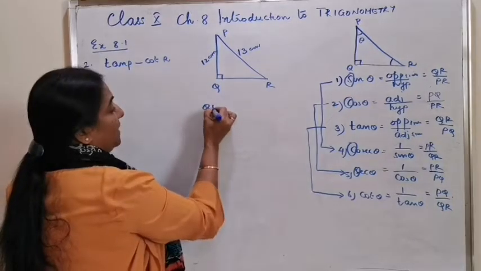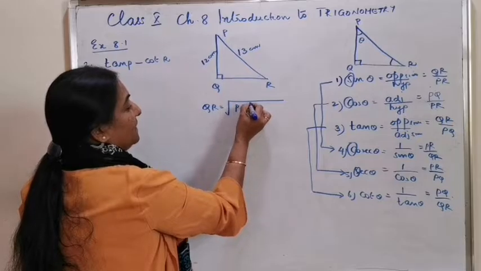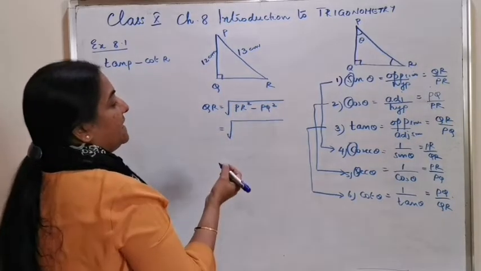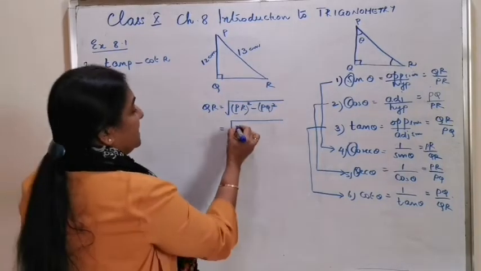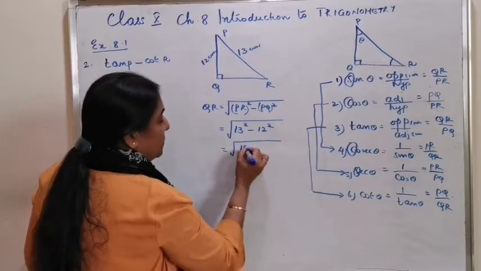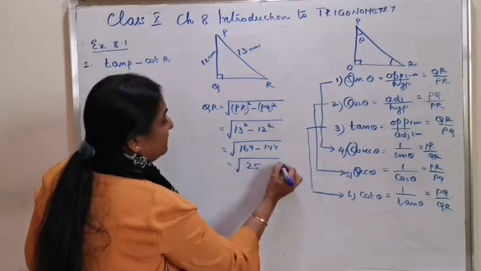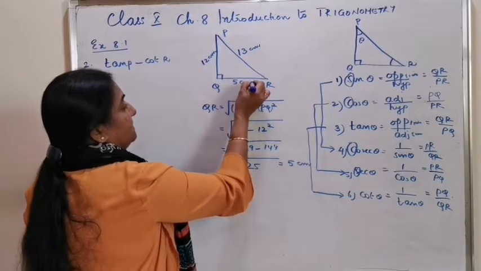So QR can be found out as square root of PR square minus PQ square, which is 13 square minus 12 square, square root of 169 minus 144, square root of 25, which is equal to 5 centimeter.